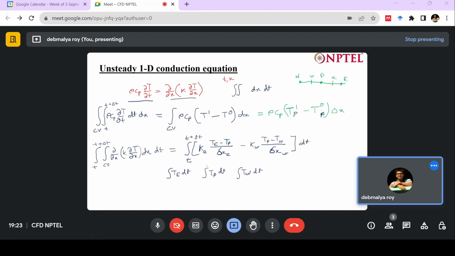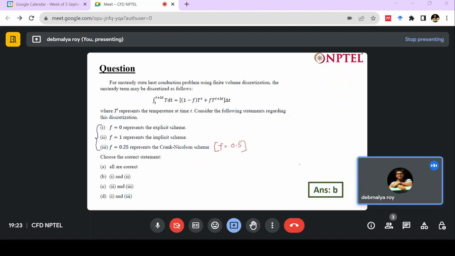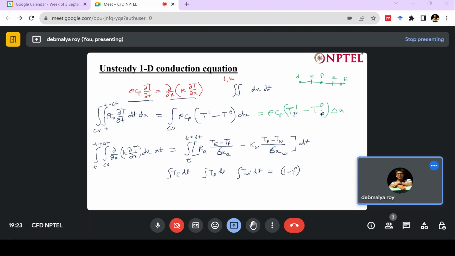If we evaluate this, all these terms will be (1 minus f) times the old value plus f times the new value, where f will vary from 0 to 1, and depending on the value of f, the scheme will be defined as such.